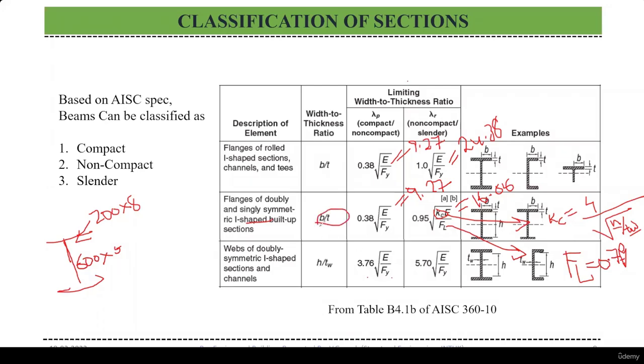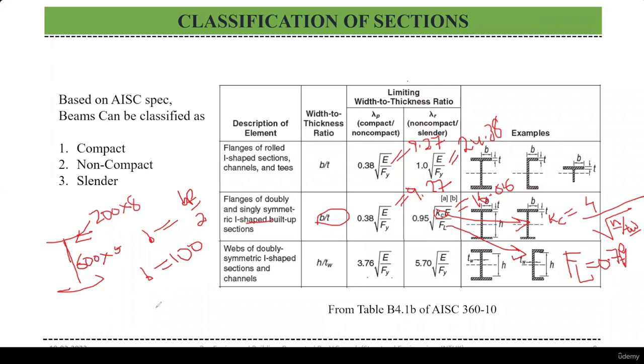Here we have to check b by t. b by t is nothing but bf by 2, the overall width of the flange divided by 2. Here we are going to use 200 by 8 thick flange. So 200 by 2 gives b equal to 100, right?